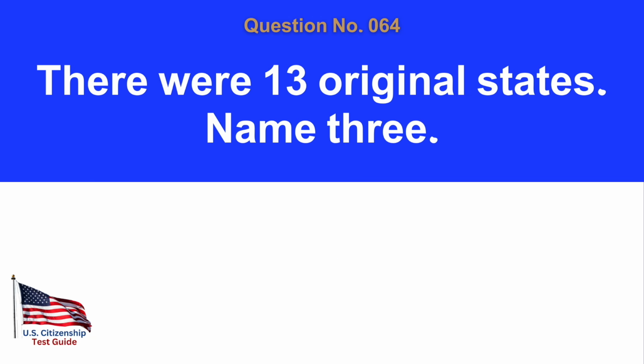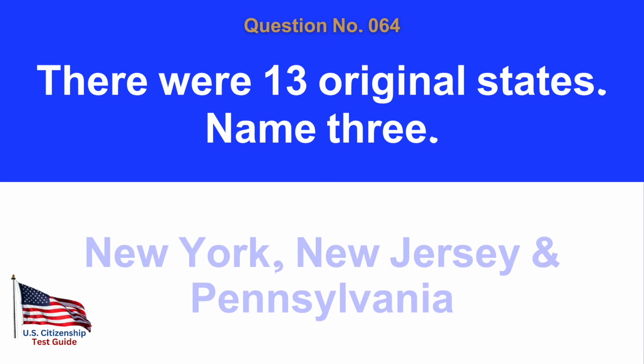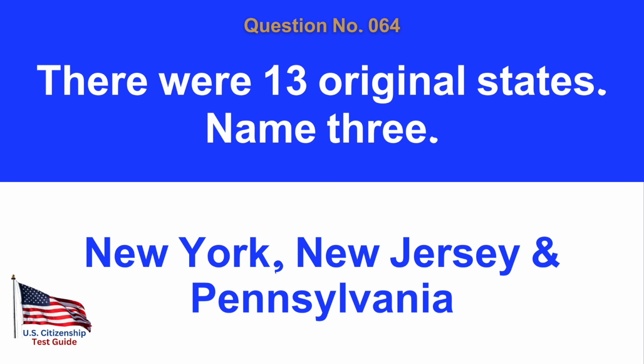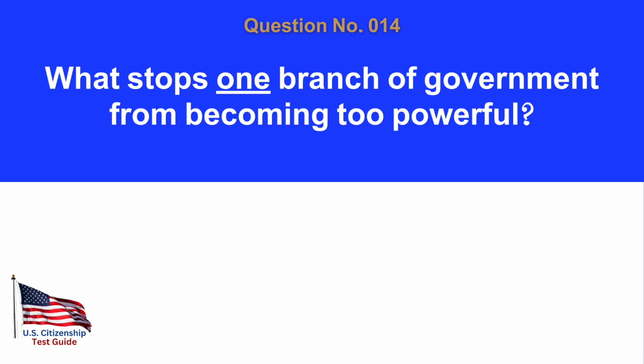There were 13 original states. Name 3. New York, New Jersey, and Pennsylvania. What stops one branch of government from becoming too powerful?